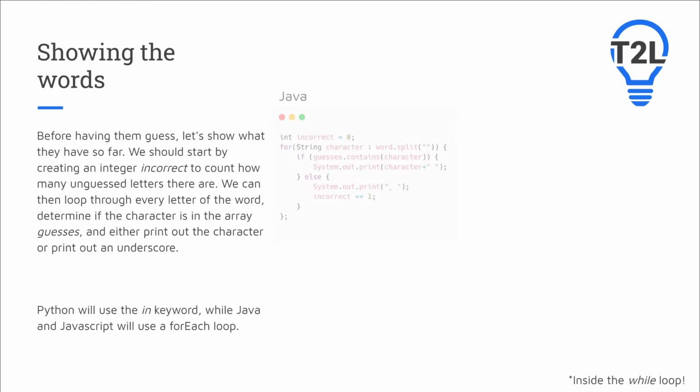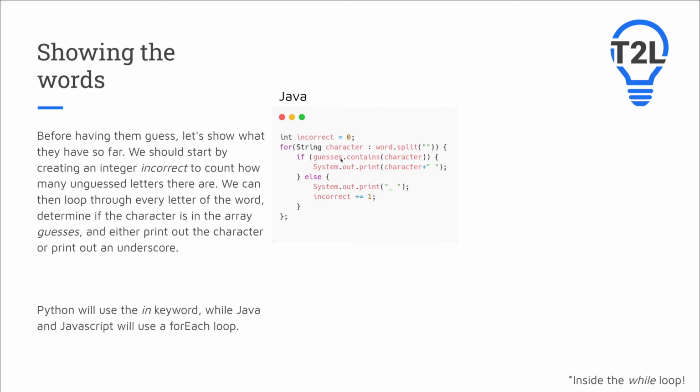All right. So first up, we've got Java, right? So you create the integer incorrect. Then you have the for loop. And this is called a for each loop. Traditional for loops, right? You have int i equals 0, i is less than something, i plus plus. This one, you just define the value you want, and with the colon, it will go through each element in the array. So for this, we're splitting the word into each character, and it's going through each character right here.